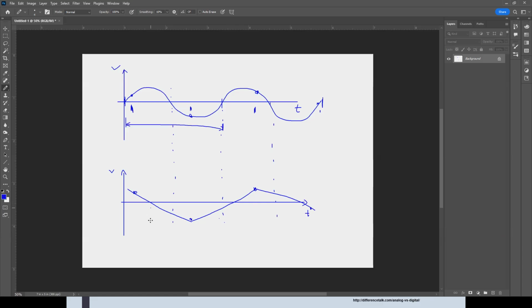On the recreated waveform, from about this point to that point. Of course, this period is shorter than that period, which means we have recreated the waveform out of that rare sampling rate, and we ended up with a waveform of a different frequency.